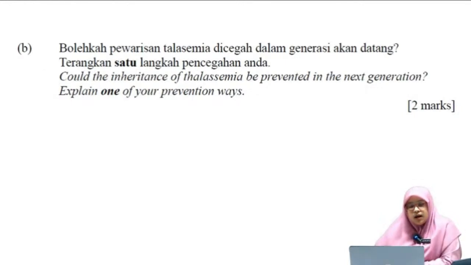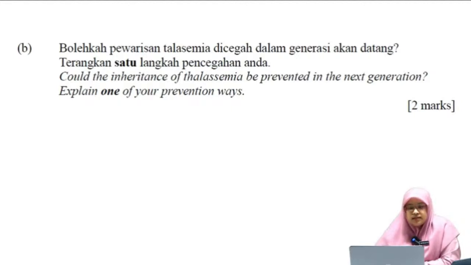Now, a person who has thalassemia does not want it to be inherited by the next generation. As we know, thalassemia has 2 types: first is major and second is minor.